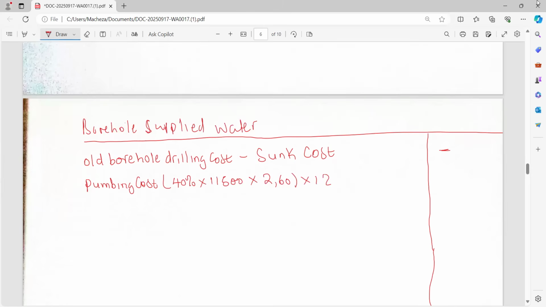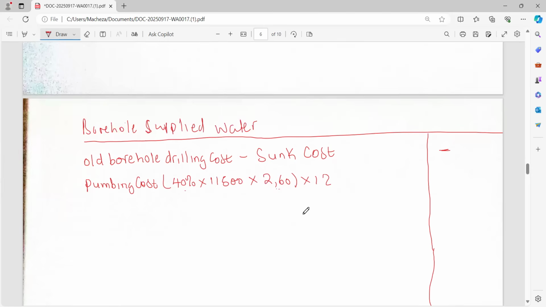I think it will be like this: 40% of the water at a pumping cost of 2.60 for 12 months, yes. So that one is going to be our pumping cost from the old bore.